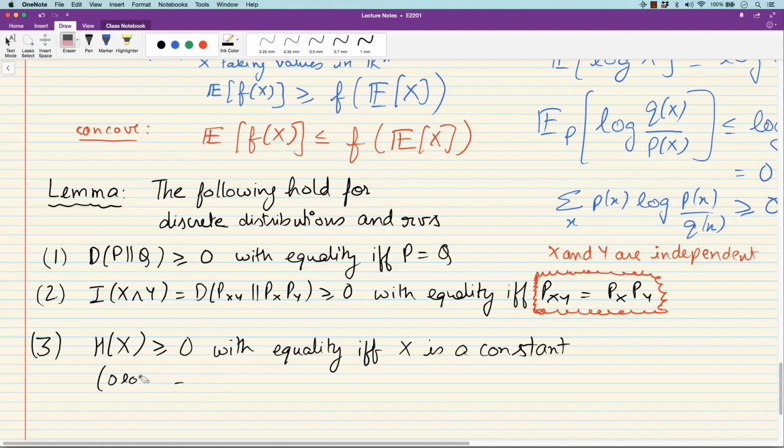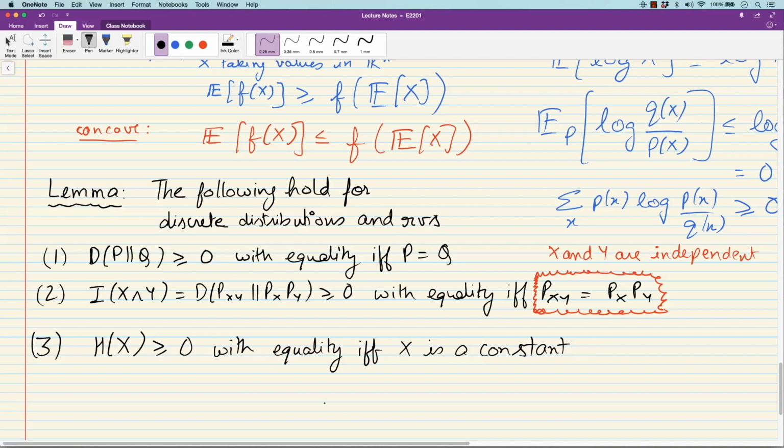Log is not defined at 0, but we can define it as 0 because that's the continuous extension. So H(X) is 0 if and only if each P(x) is 0 or 1, which only happens when X is constant.